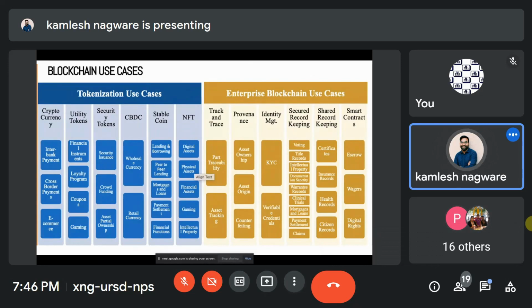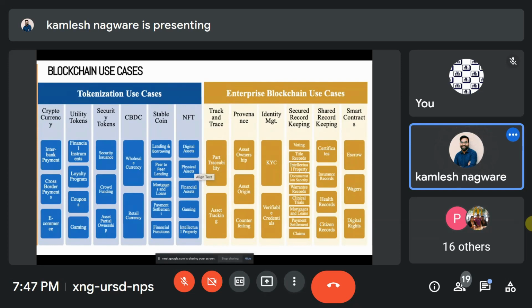Like NFT could be assets, gaming, IP rights; CBDC, even wholesale CBDC and retail CBDC; and then other enterprise use cases like track and trace, provenance, identity management like KYC, voting, title recording, document management, clinical trials, and payment settlement, like NPCI must be knowing, in India working on blockchain for payment settlement.